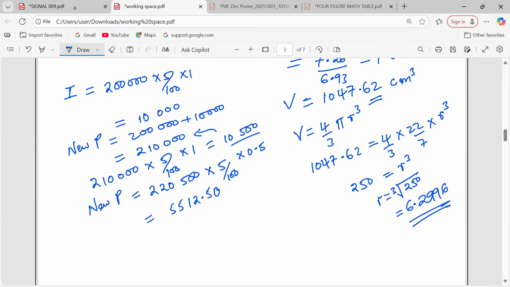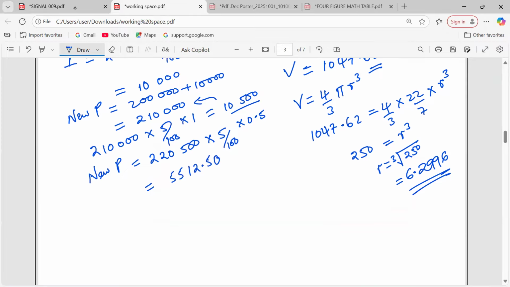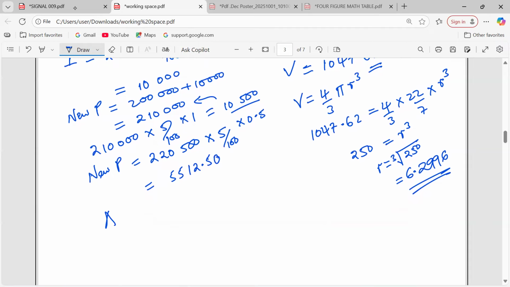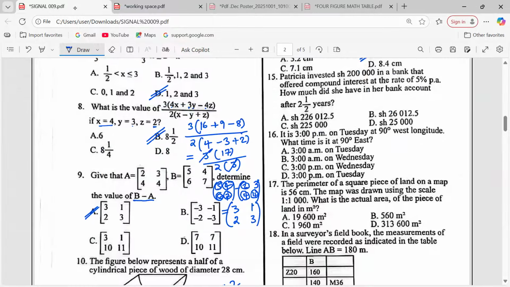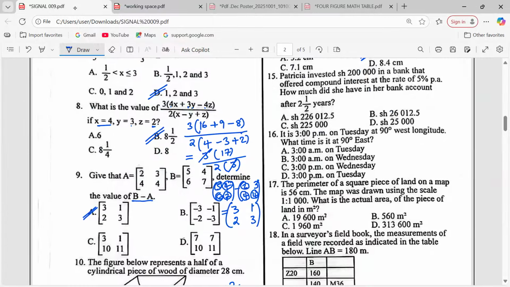Now we add it to the principal so that we get the total amount. We add this to 220,500. This becomes 226,012. So now we are having the right answer is A.